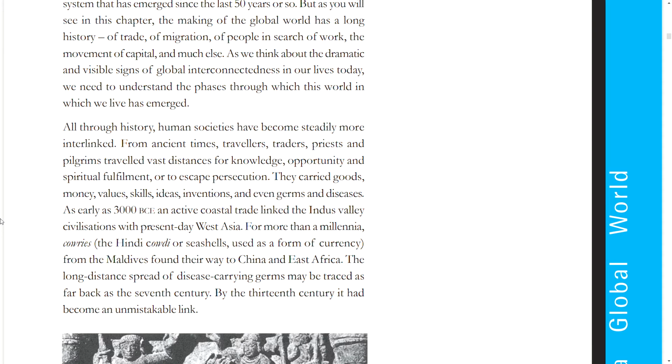From ancient times, travelers, traders, priests, and pilgrims traveled vast distances for knowledge, opportunity, and spiritual fulfillment, or to escape persecution. They carried goods, money, values, skills, ideas, inventions, and even germs and diseases.